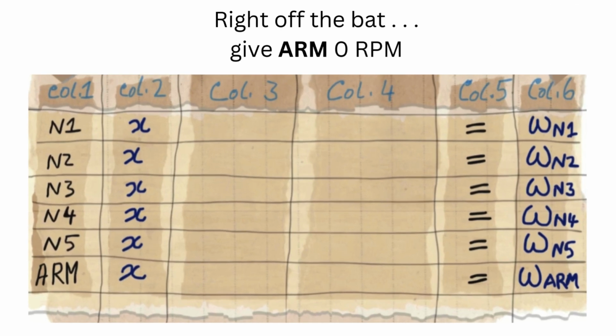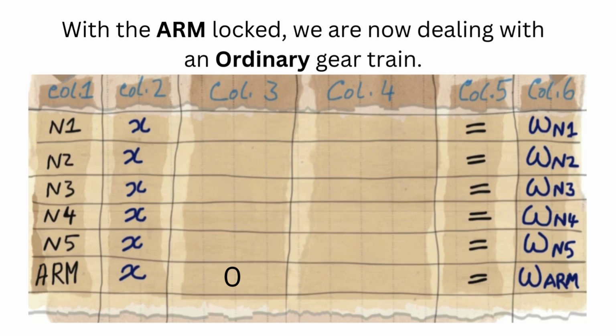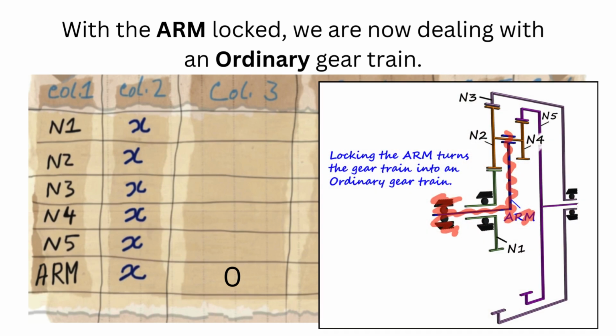Start with the arm and lock it or freeze it. In other words, omega arm is set to 0 RPM. With the arm locked, we are now left with an ordinary gear train consisting of gears N1, N2, N3, N4, and N5.